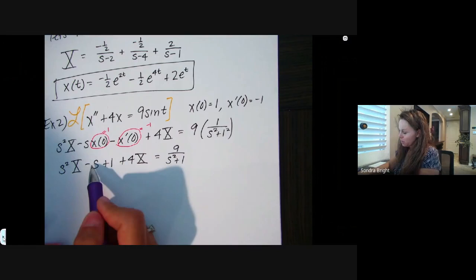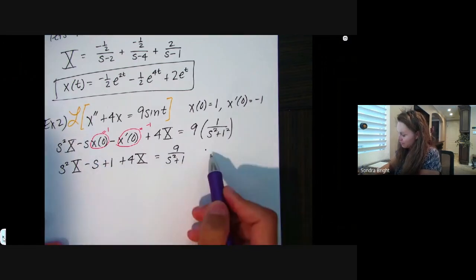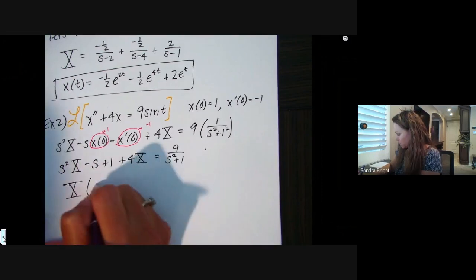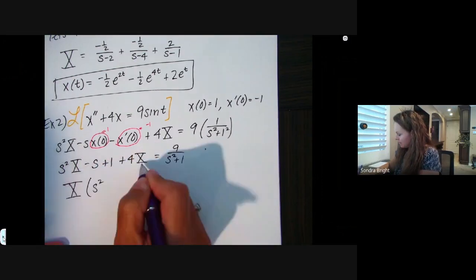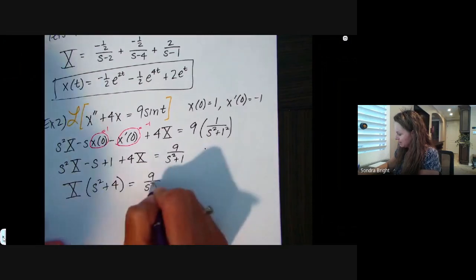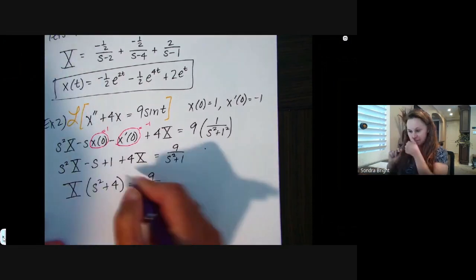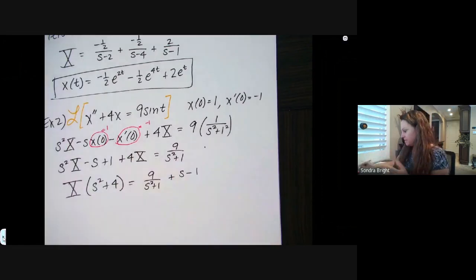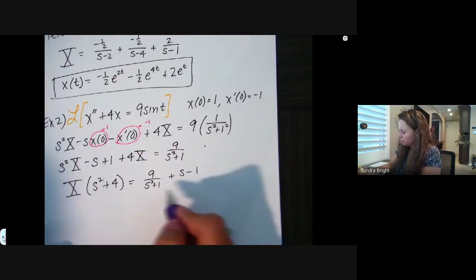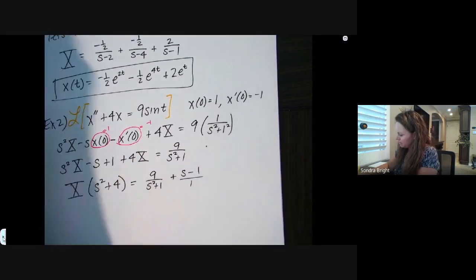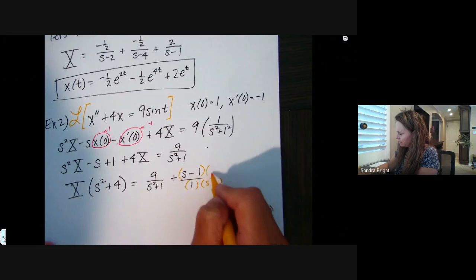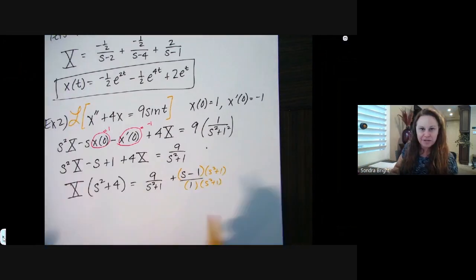I'm going to subtract the 1 over here. I'm going to factor out the capital X, and I'll have an s squared plus 4. And then I've got 9 over s squared plus 1, and I'm going to add the s and subtract the 1. Okay, so if I go to get a common denominator over here, put it over 1, multiply top and bottom by s squared plus 1 so that I can actually add the two fractions together.